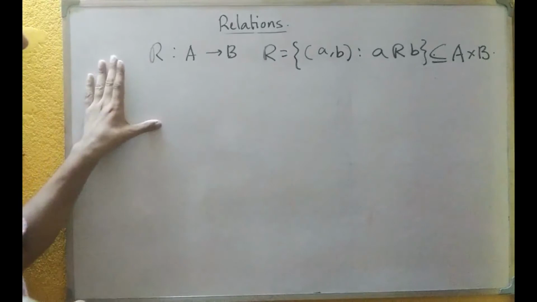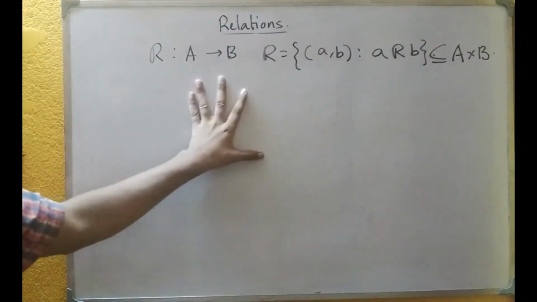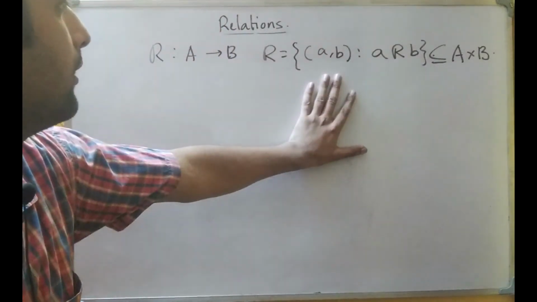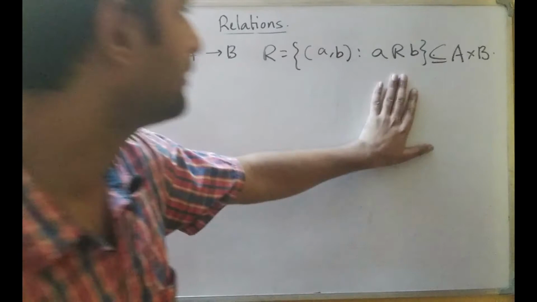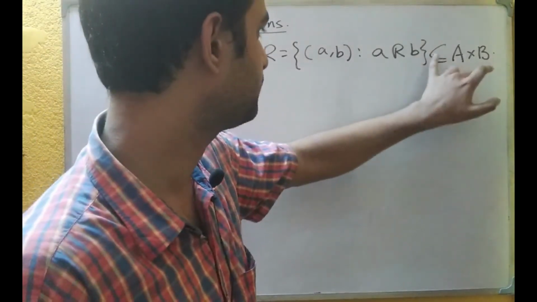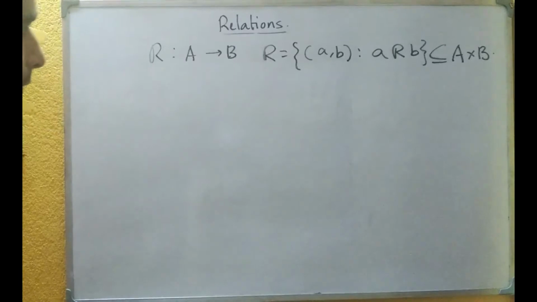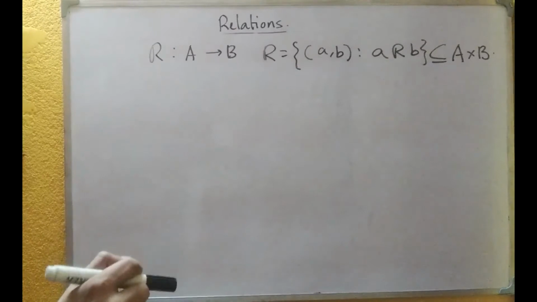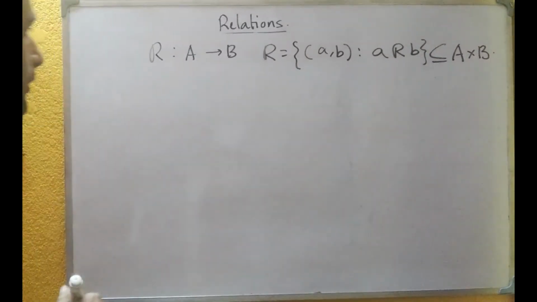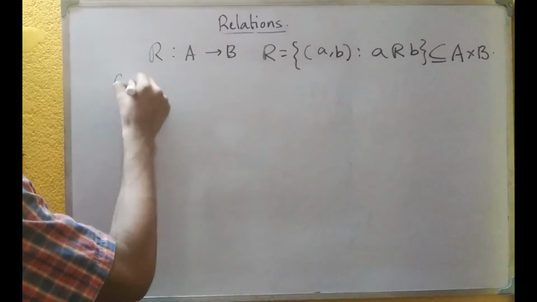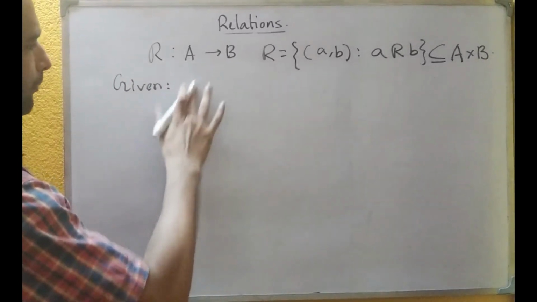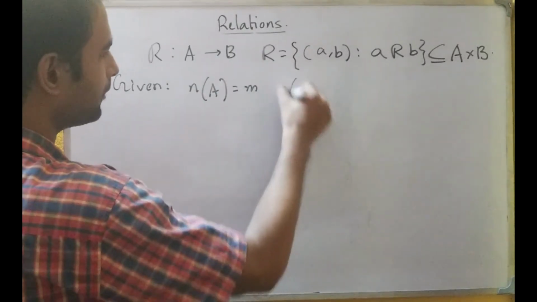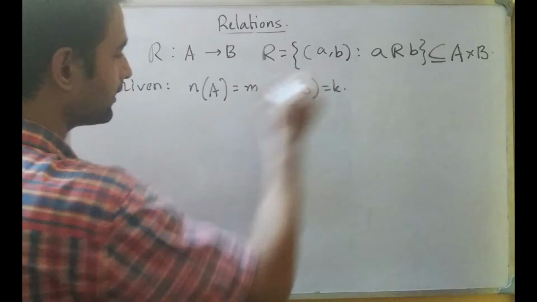Okay, so we are taking the same setup, that is R is a relation from A to B, and since it is containing all the ordered pairs depending on this relation, it is a subset of A cross B. So remember the definition of a relation, that a relation from A to B is a subset of A cross B. So now suppose it is given the number of elements in A, say m, and the number of elements in B, say k.